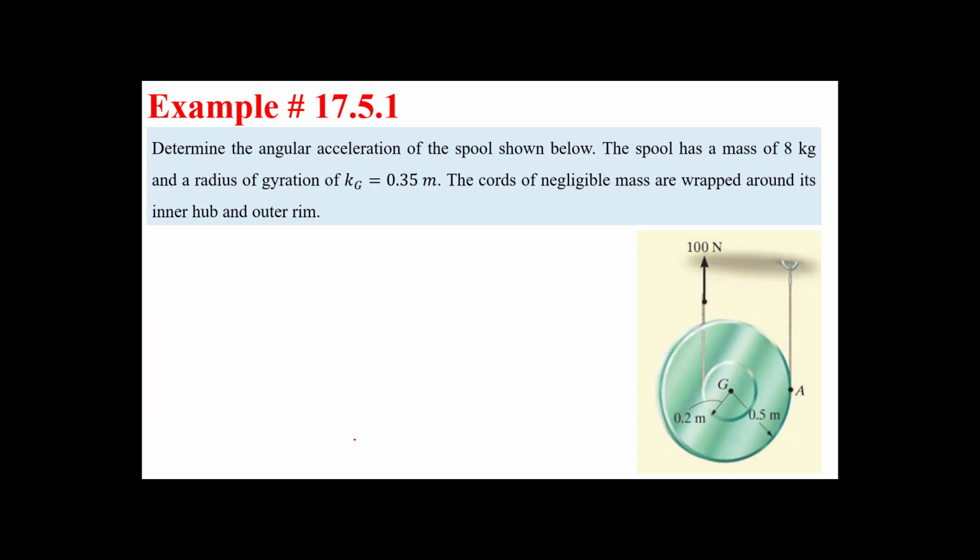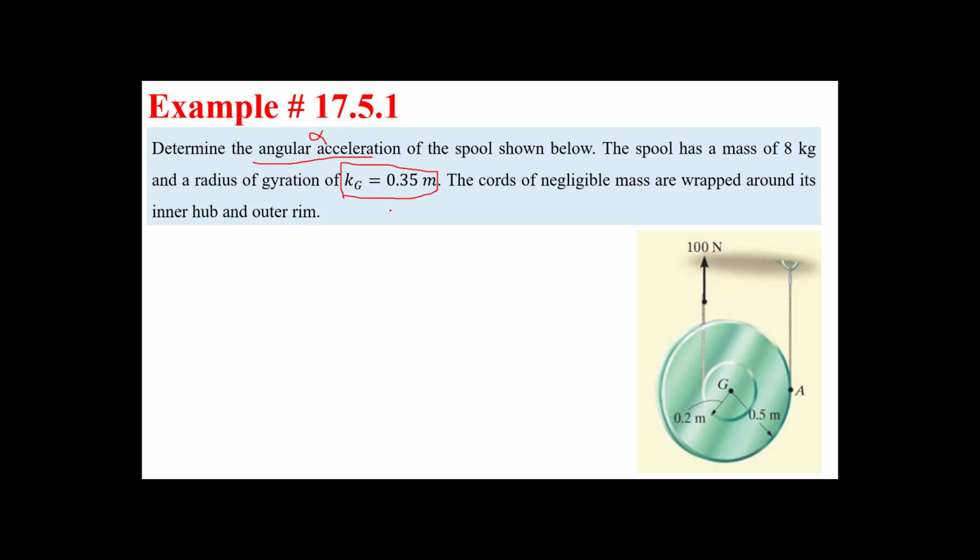Okay, let's see a question: example 17.5, section 17.5, example 1. Determine the angular acceleration alpha of this spool. Here we have a spool shown below. This spool has a mass of 8 kilograms and a radius of gyration of 0.35. Remember radius of gyration?